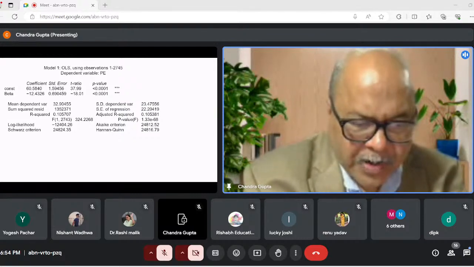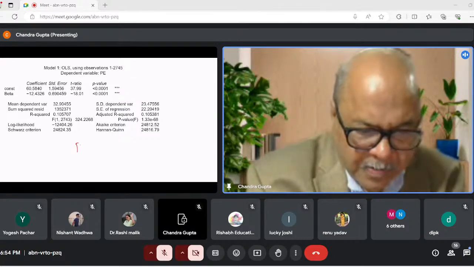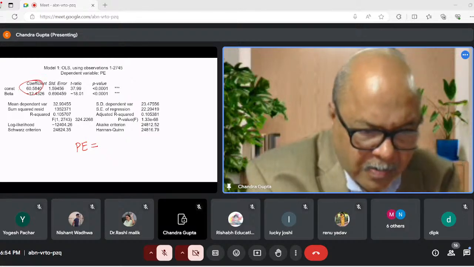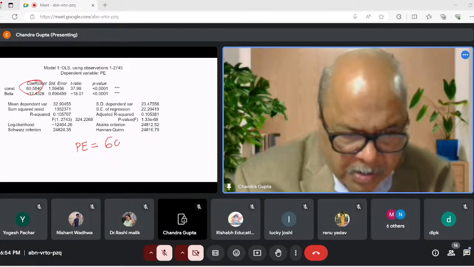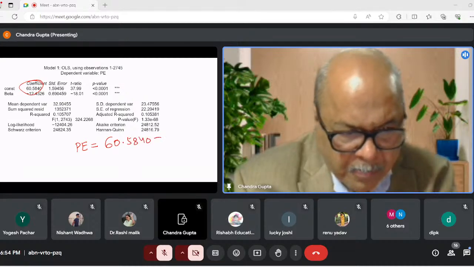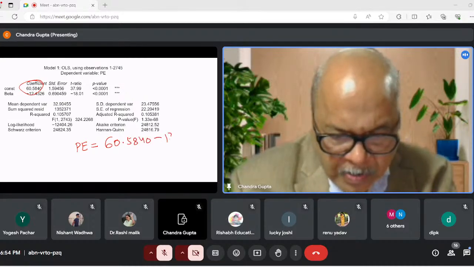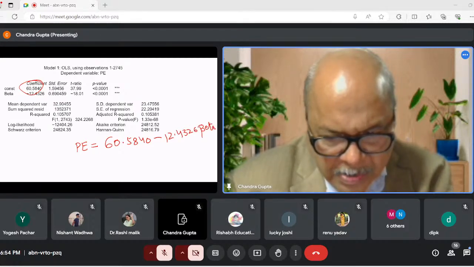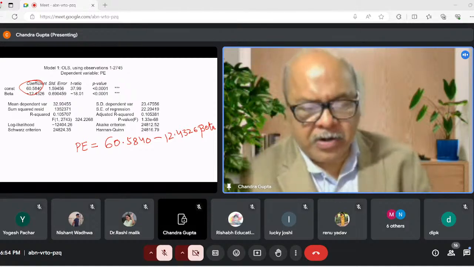My dependent variable is P ratio. So PE is equal to constant 60.5840 minus 12.4326 beta. This is my estimated model which I get.